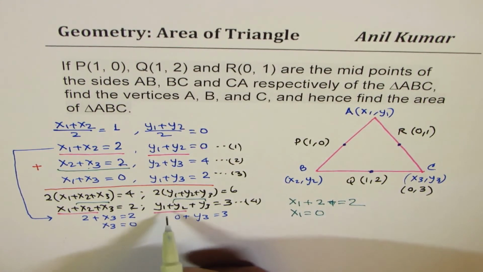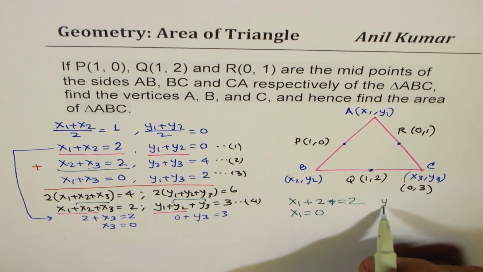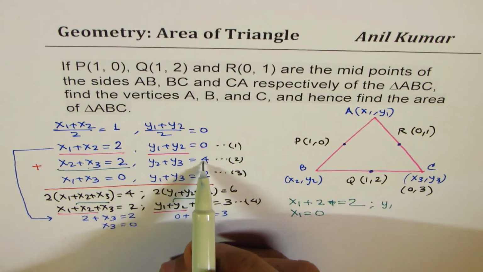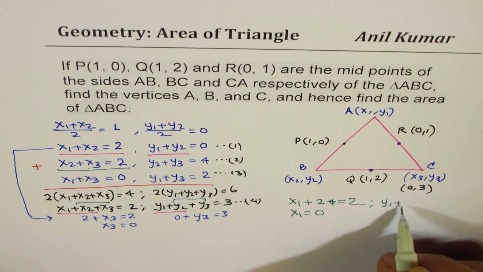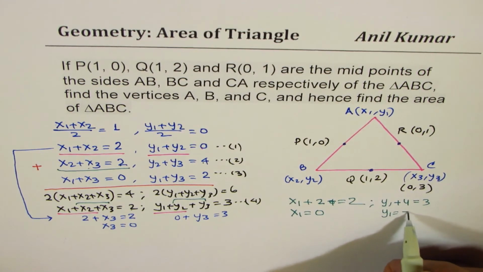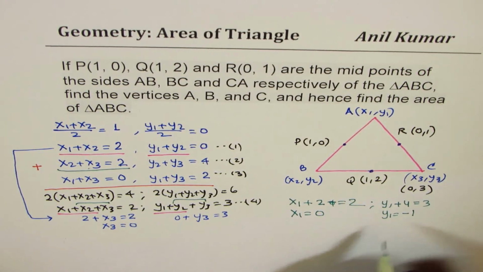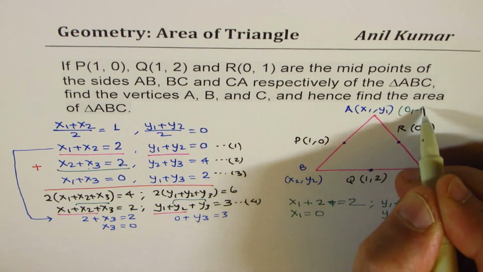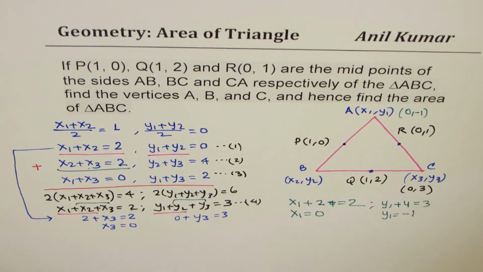Is it okay? As far as y is concerned, we get y1 plus y2 plus y3 is 4. So I'm writing this as plus 4 equals 3. And so y1 is minus 1, correct? So x1, y1 is 0, minus 1. Do you get an idea, correct?